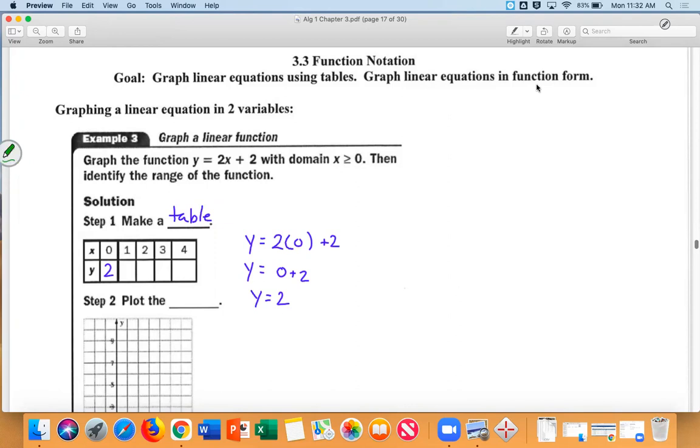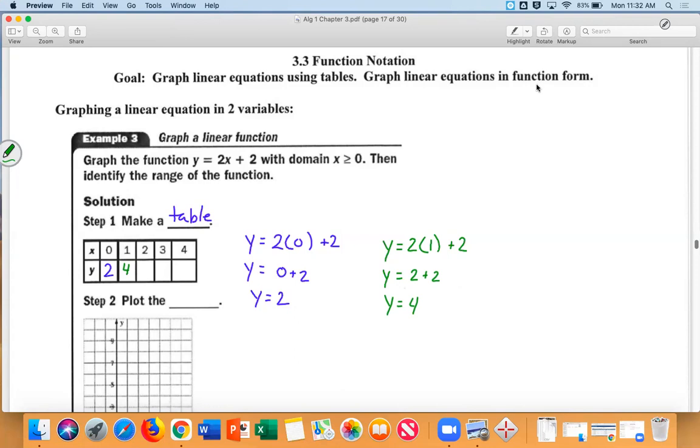In green, I'm going to do the same thing, but instead of 0, I'm going to put in 1. y equals 2 times 1 plus 2. 2 times 1 is 2, plus 2 is 4. So I do 4. But wouldn't you agree this is kind of annoying? Now, you're pretty good with numbers, right?